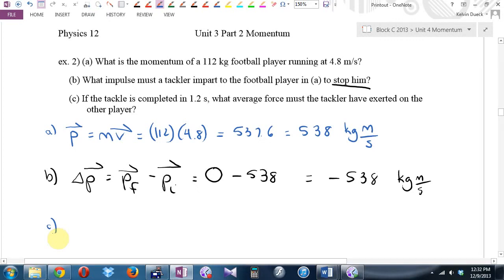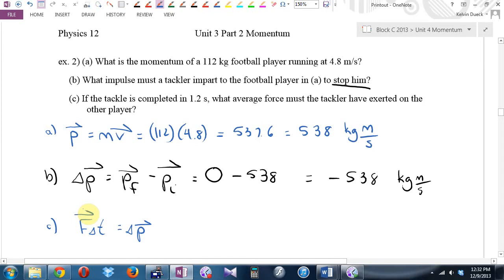Why, yes, there is. In fact, I think this is one of only 2 equations in the momentum section. You guys have this, yes? F delta T equals the change in momentum. Is that on your formula sheet?